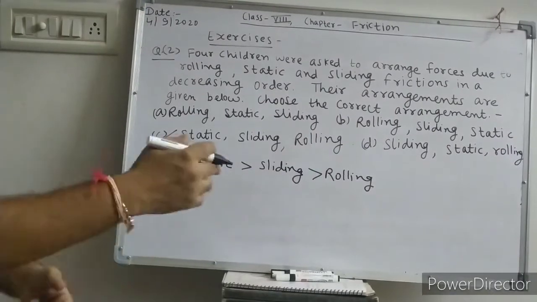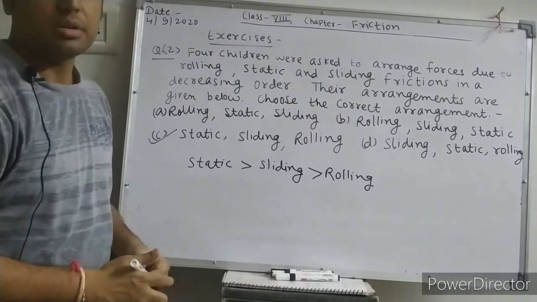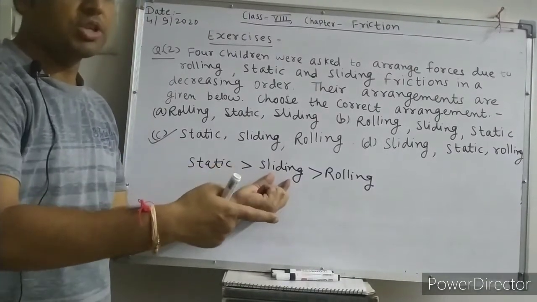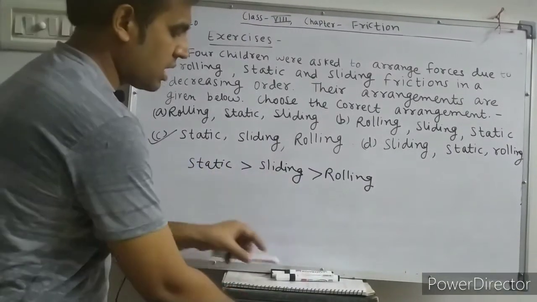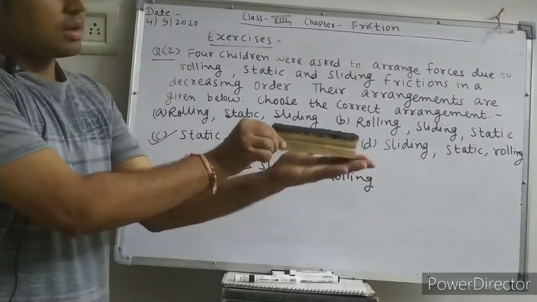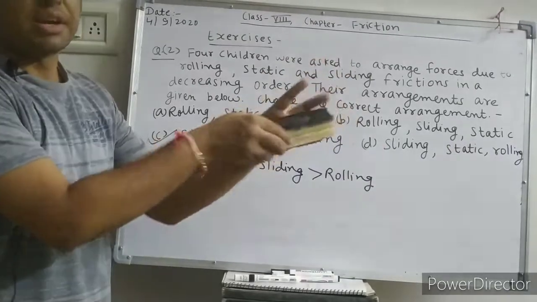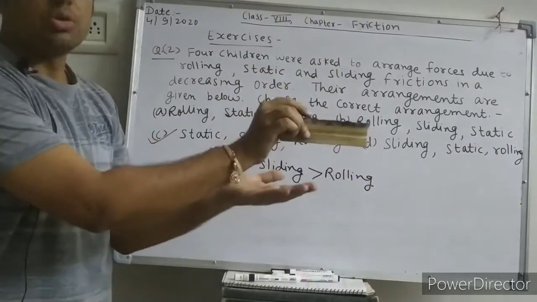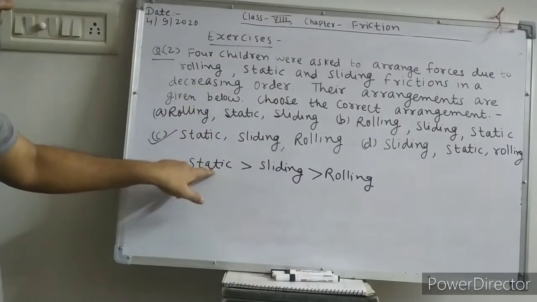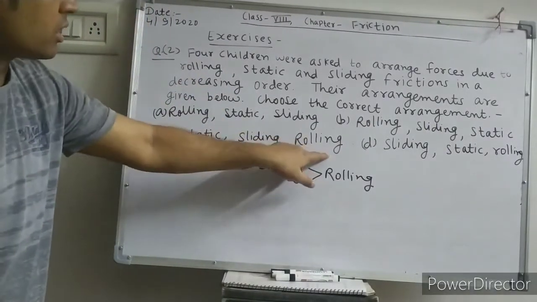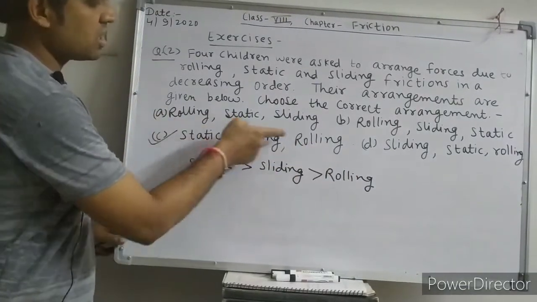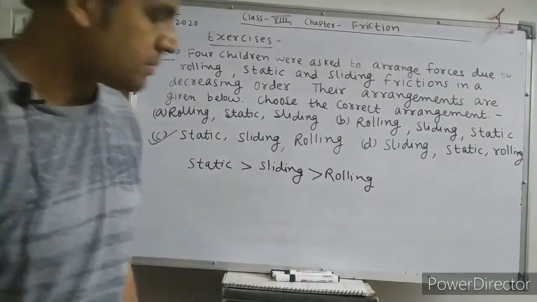You will easily roll an object and you will easily slide an object. मीन्स अगर ये ऑब्जेक्ट है, ठीक है, अगर मैं इसमें टायर लगा दूं, स्लाइड करूं इसको या रोल करूं, तो वो इजीली हो जाएगा. That's why decreasing order is static, sliding and rolling. डिक्रीजिंग मीन्स घटते हुए. Okay, so static, sliding and rolling is the answer.